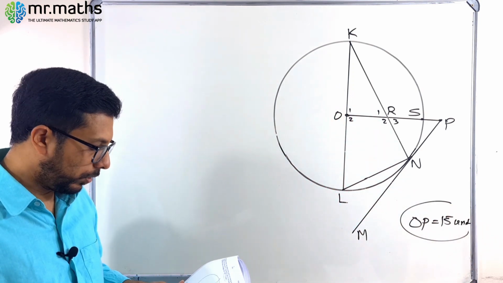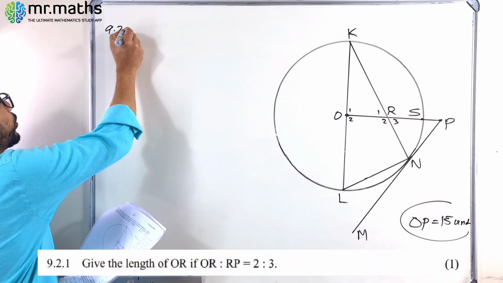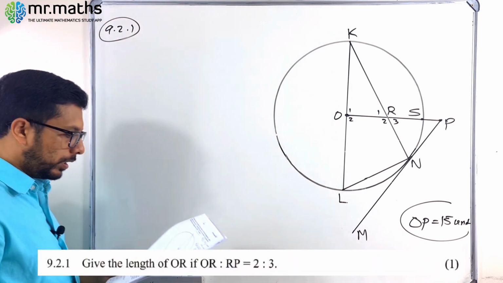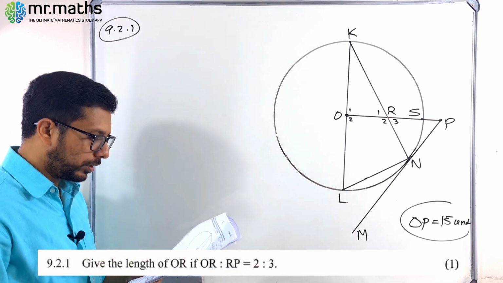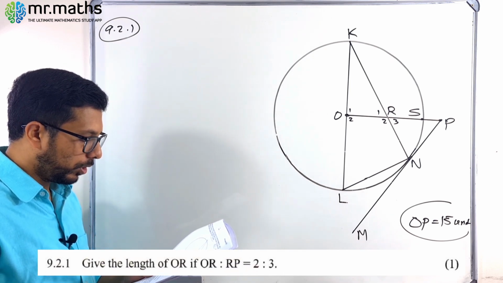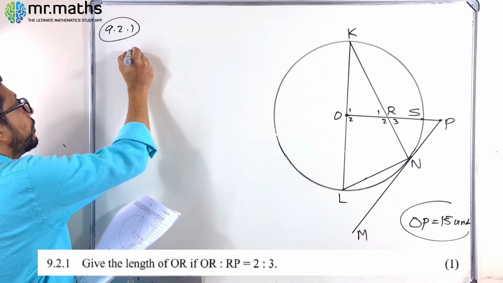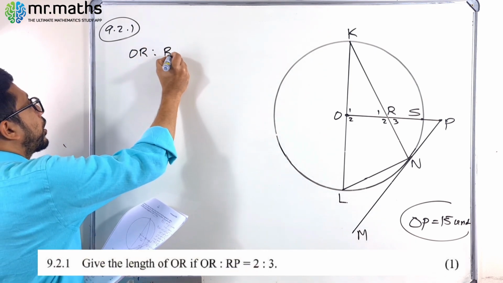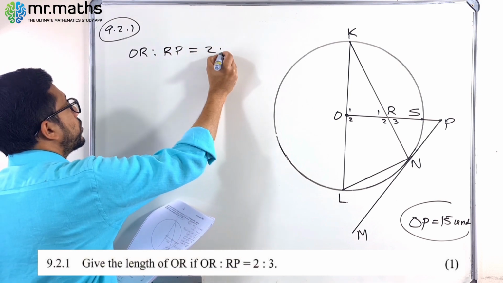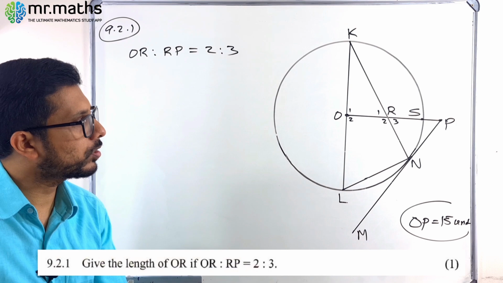Now 9.2.1, first question. What is that question? Give the length of OR if OR is to RP is 2 is to 3. So you have to find the length of OR, and the ratio given is OR is to RP, 2 is to 3. Which one is OR is to RP?